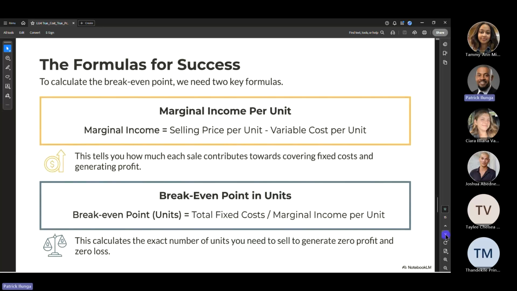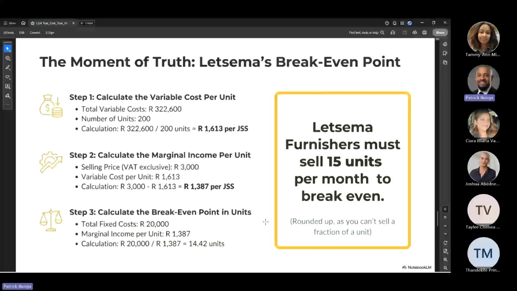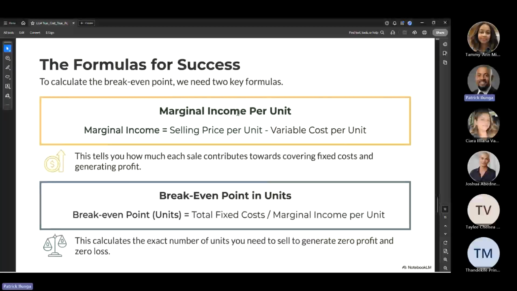All right, so now that we are done with the theory, let's look at LECIMA, break-even point. Remember our total variable cost that we found? Here is where we added everything. We added all the variable costs and we have the total variable cost.